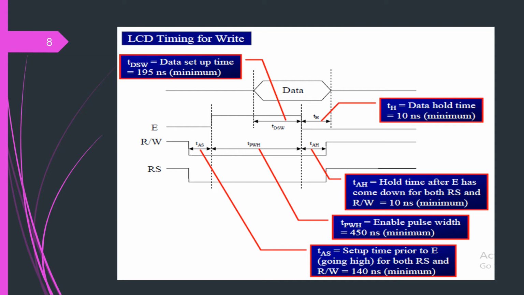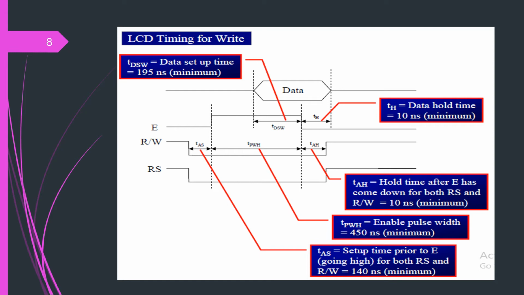Then function set: set interface data length, number of displayed lines and character font, taking 40 microseconds. Then CGRAM address setting also takes 40 microseconds, and DDRAM address setting also takes 40 microseconds.